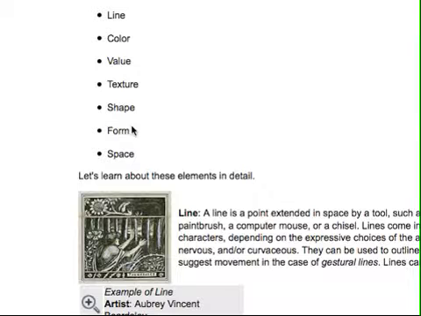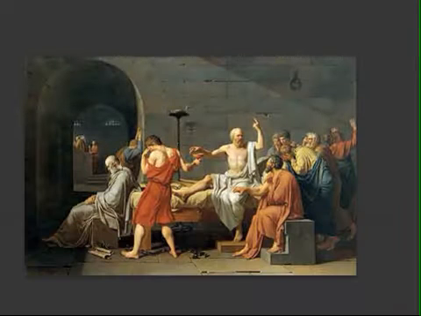So don't be talking about a picture, a photograph, or a painting and talk about the form. That's not what we're talking about there. Form is the same as shape, only it would be applicable to something like Michelangelo's David, which is in fact a three-dimensional sculpture.